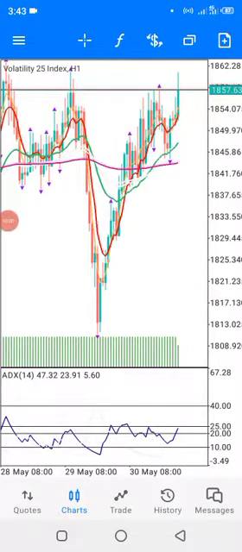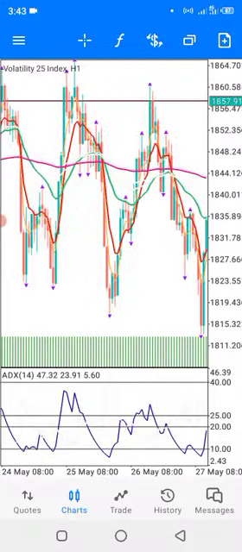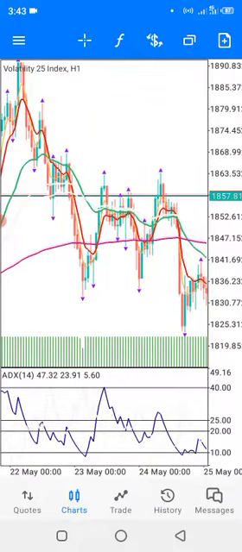Now, I want to advise, if you have a PC, a laptop or a desktop, and you want to be successful trading Forex, either currency pairs, commodity pairs, synthetic indices, and the likes, I would advise you get good indicators. These indicators will help you trade and get maximum results.